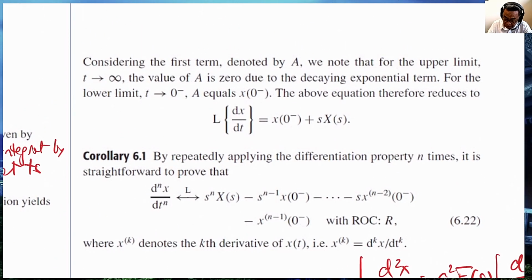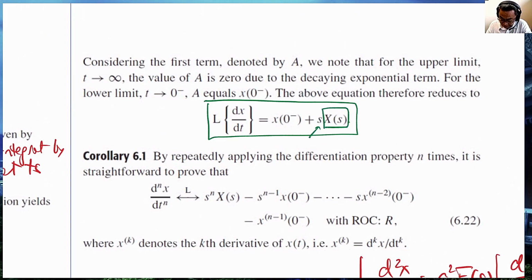Of course, typically we just use this result: the Laplace transform of a differentiation is simply s times X(s) plus, I should say minus, there should be a minus sign here.